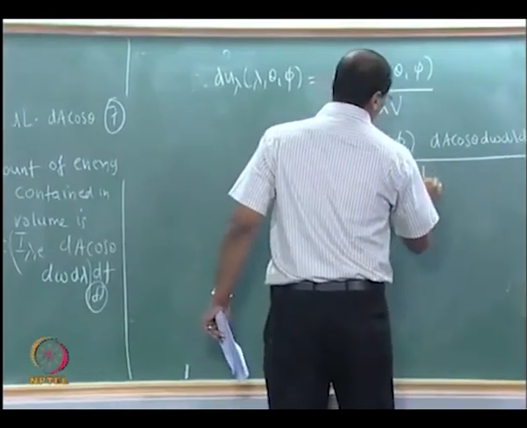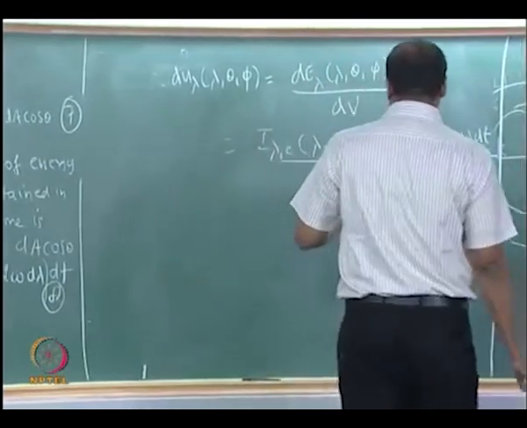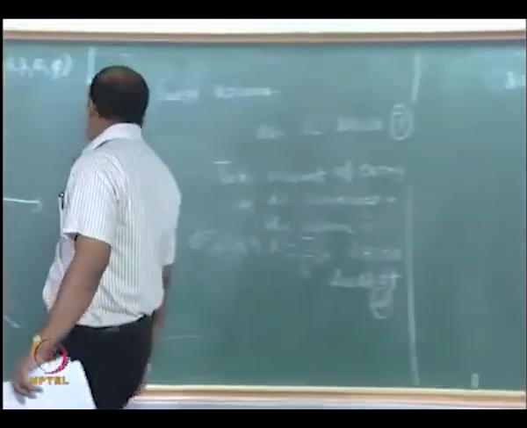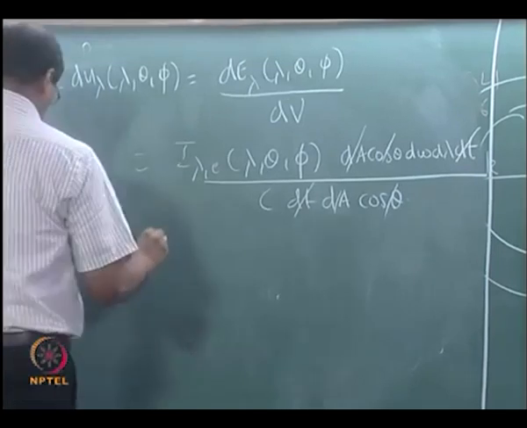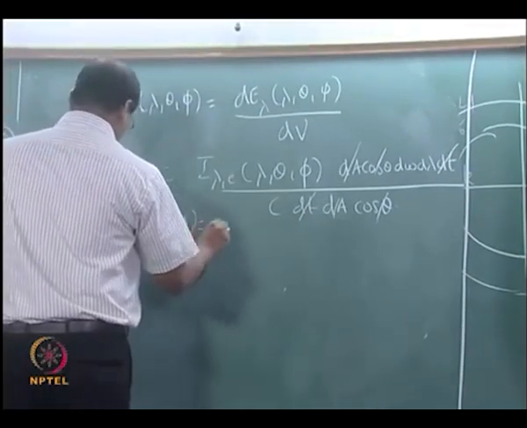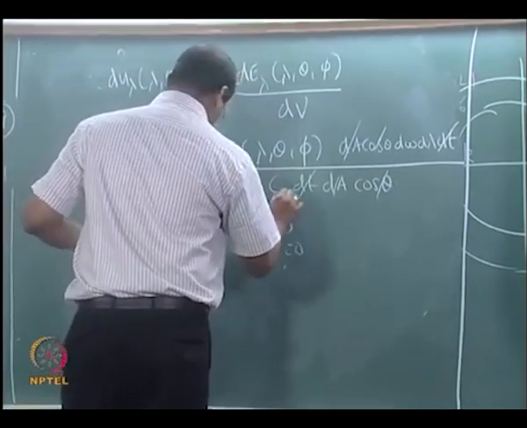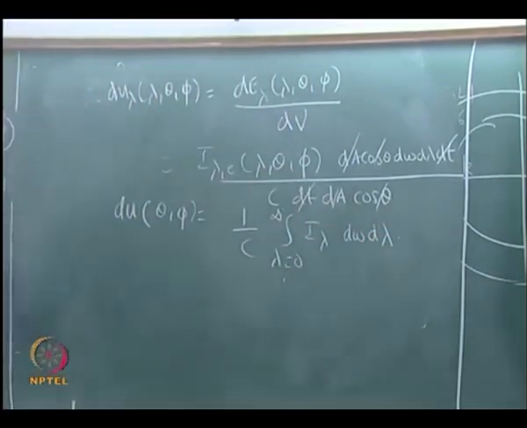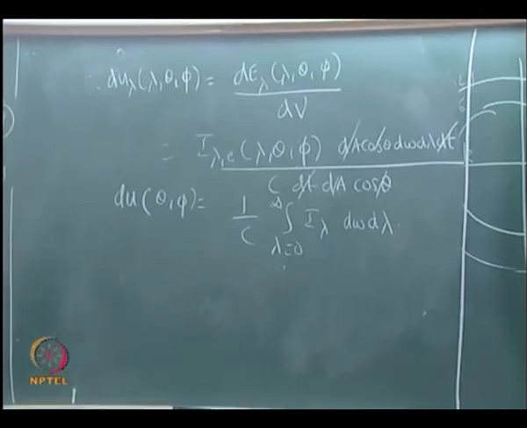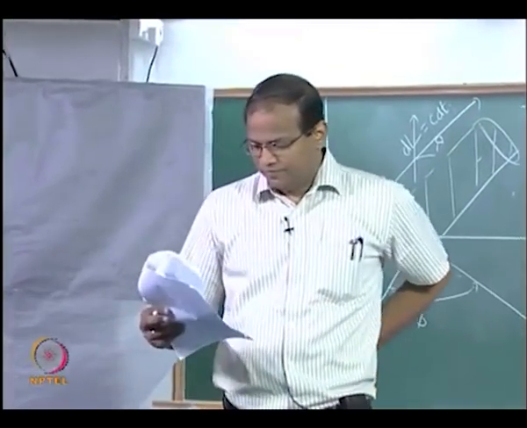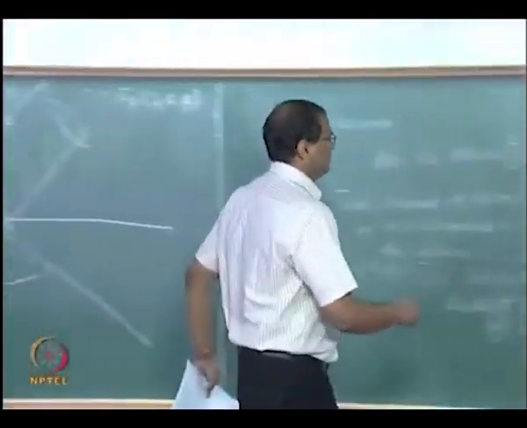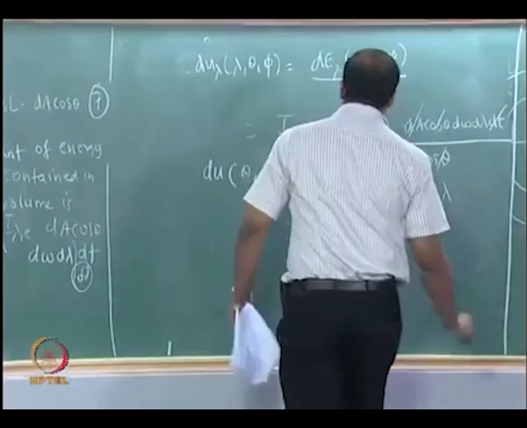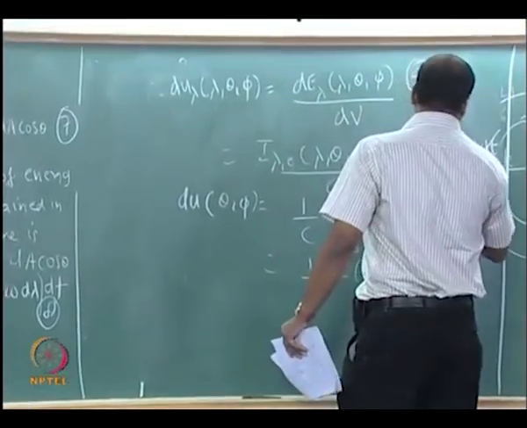dl is C dt, dA cos theta. So, correct? Alright, so that is basically now 9, 10, 11.